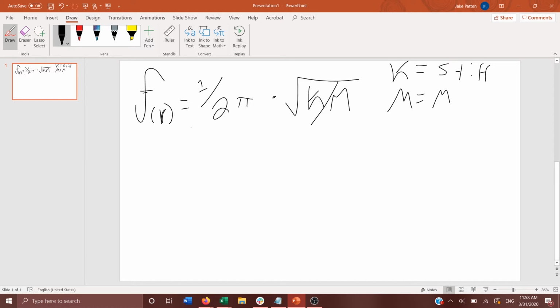So 1 over 2 pi multiplied by the square root of K over M.